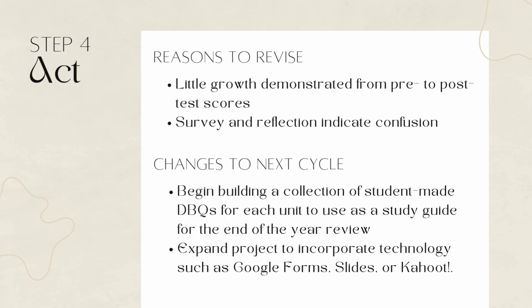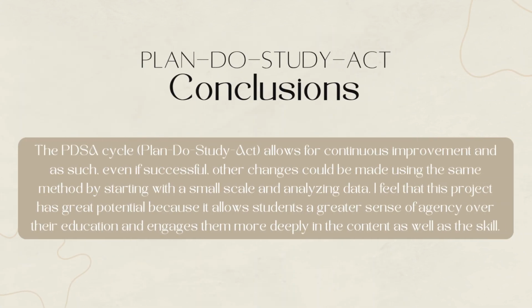With regards to additional changes, if successful, in addition to scaling up, I would like to expand the project to incorporate technology and start building a collection of student-made document-based questions to include in a larger study guide for an end-of-year review. Because the PDSA cycle allows for continuous improvement, even if I were to scale up this DBQ project, there are still many improvements and changes I could make over the next few years and could test on a small scale using the same method.